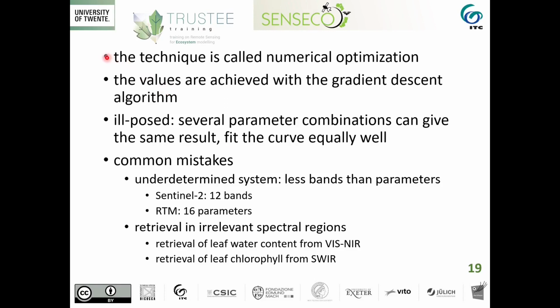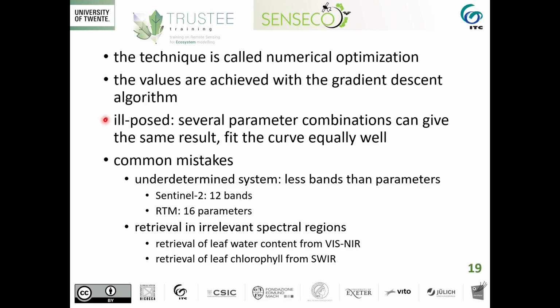What I've just shown you is the technique that I'm going to discuss further: numerical optimization. So what we just did with toggles, the model does during inversion with a gradient descent algorithm. The problem is ill-posed when several parameter combinations can result in the same fitting of the curve, the same result.